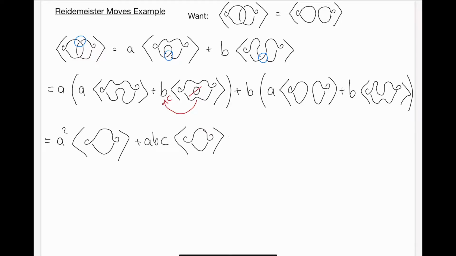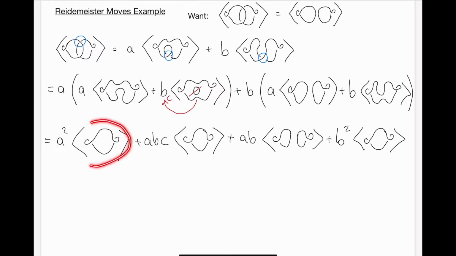Plus here we have A times B times the bracket polynomial of these two unknots with a twist on each of the sides. Plus finally B squared also of the knot of this picture here. And now we can see that three times we have the same knot here, so the same bracket polynomial.